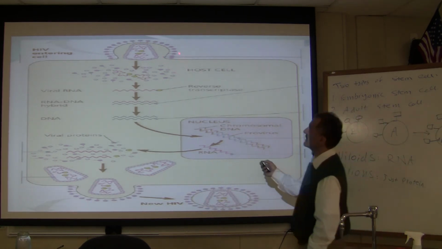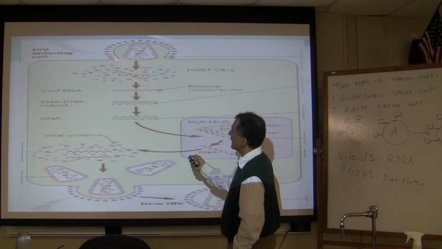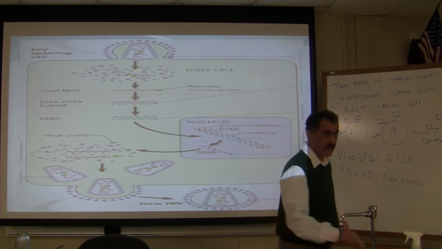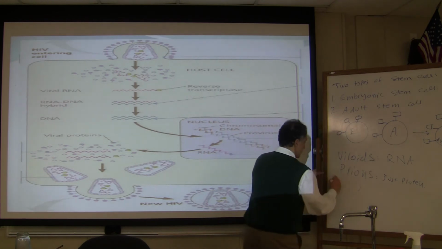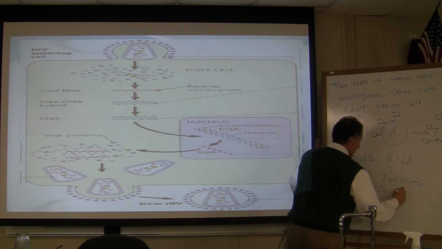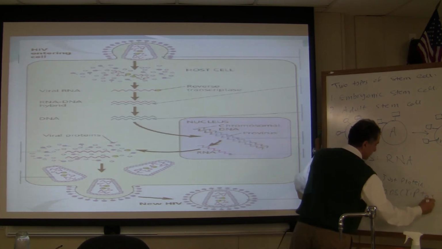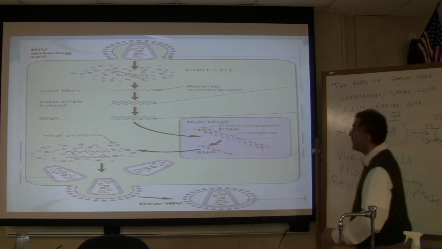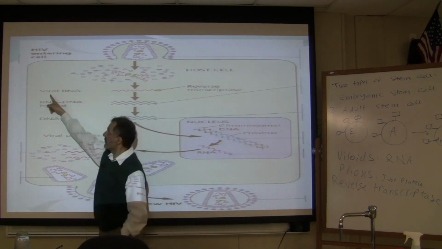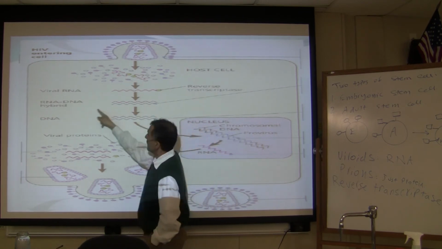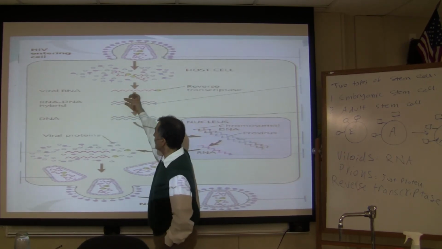So HIV attaches to the white blood cells, enters, and releases the RNA. The RNA has an enzyme called reverse transcriptase. I did write that down for you guys in the past. Reverse transcriptase is an enzyme that makes, here is the RNA, you see that? Viral RNA. It makes DNA. The RNA-DNA hybrid.